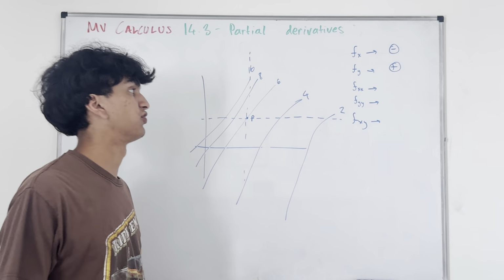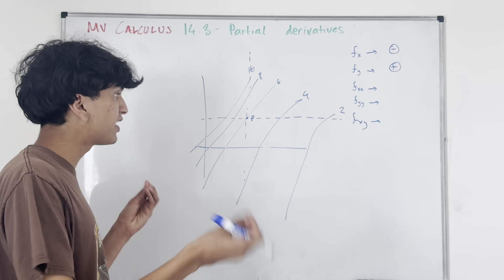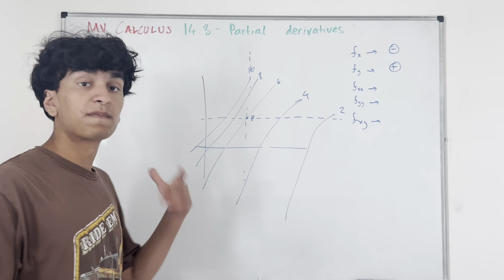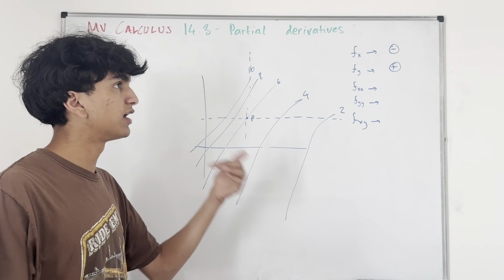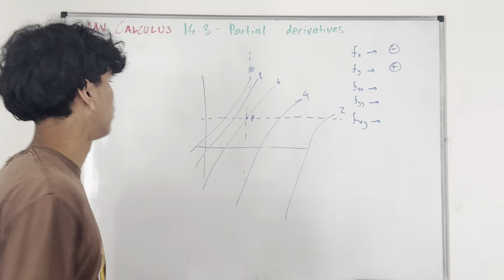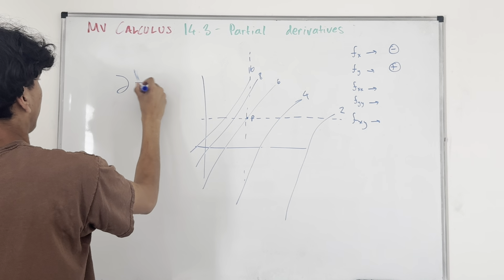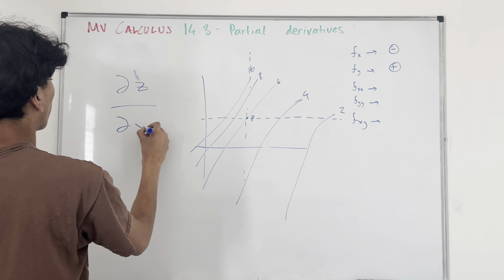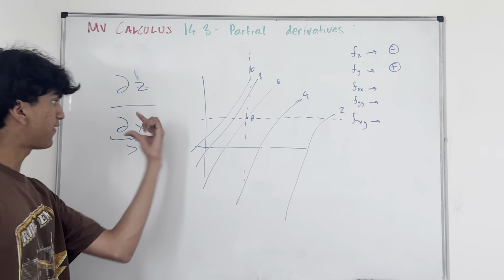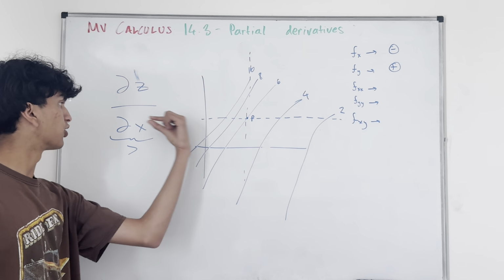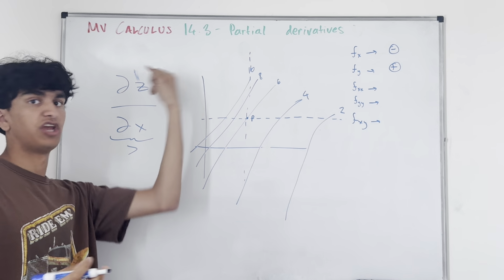For the second partial derivative with respect to x, I'm looking at how my derivative changes. And to get an idea of how my derivative changes, I need to look at the spacing, because greater spacing means, let's just use partial z, partial x, more spacing means a greater change in x for the same change in z.